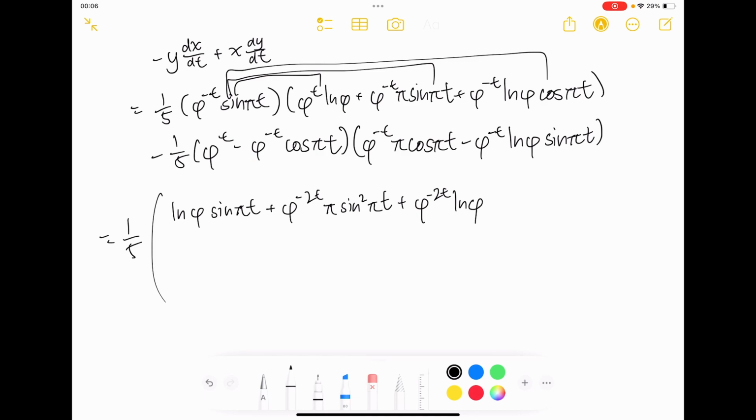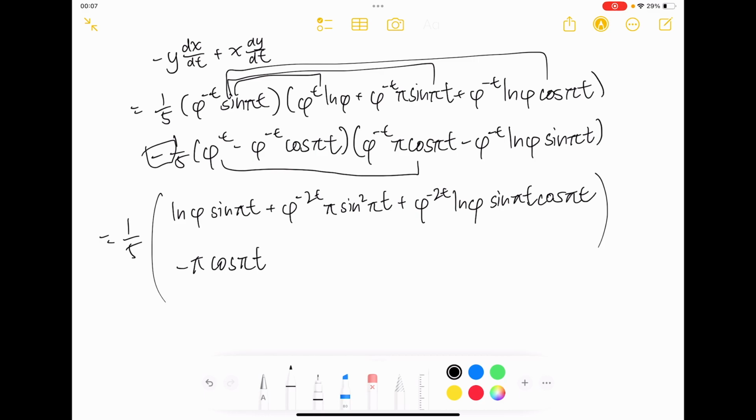sine pi t, cosine pi t. Anyways, cosine pi t, and we have a minus sign to be aware of, but I'm sure we'll be fine. So we're going to have minus pi cosine pi t.